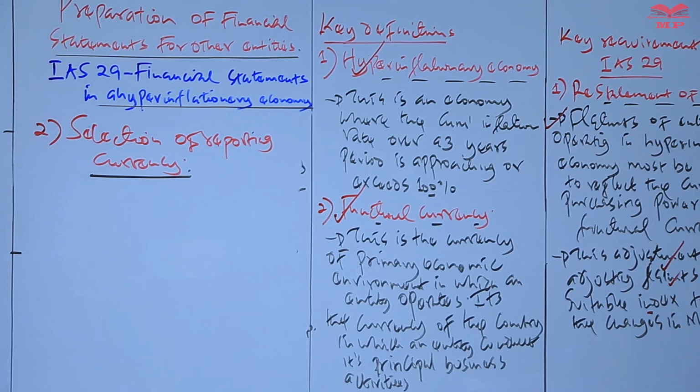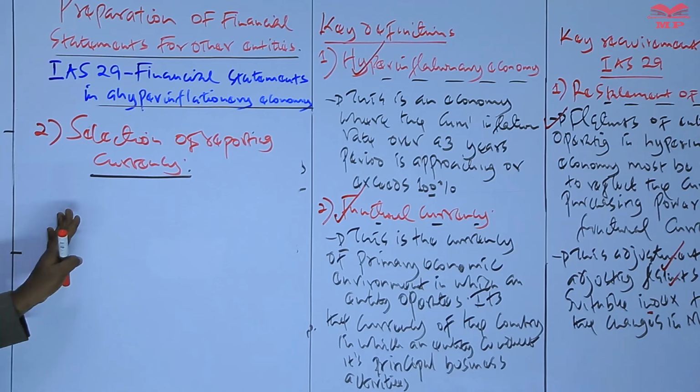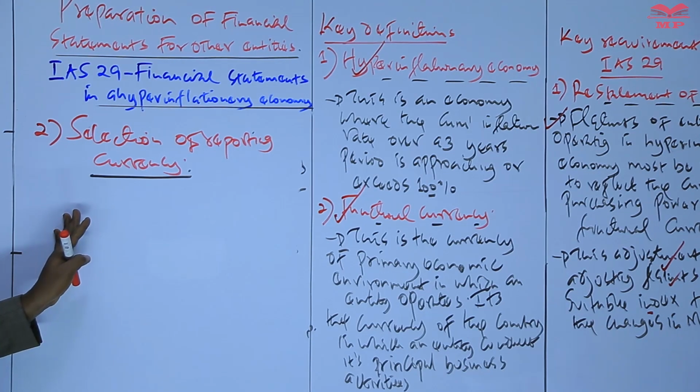This is the currency which is used by entities in preparing their books of account and also their financial statements. According to International Accounting Standard number 29, entities are required to select a reporting currency that reflects the economic environment and also provides meaningful information to the users. So that is the requirement of IAS 29 as far as the selection of the reporting currency is concerned.